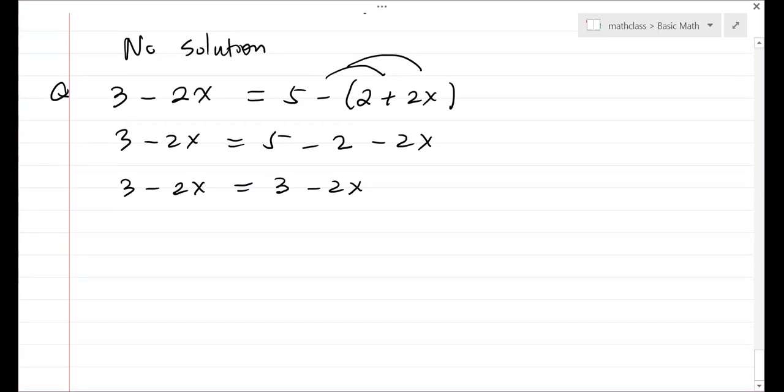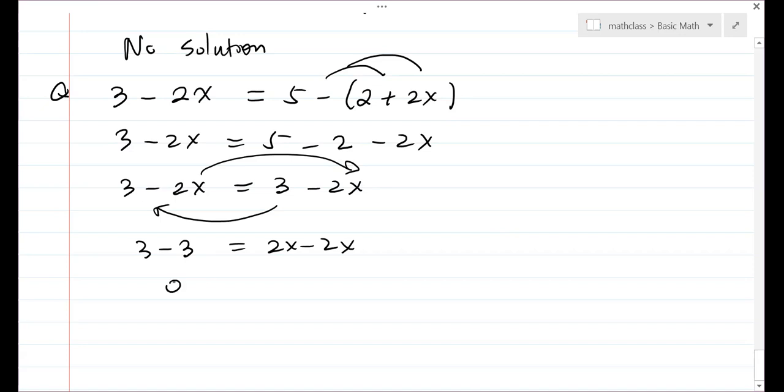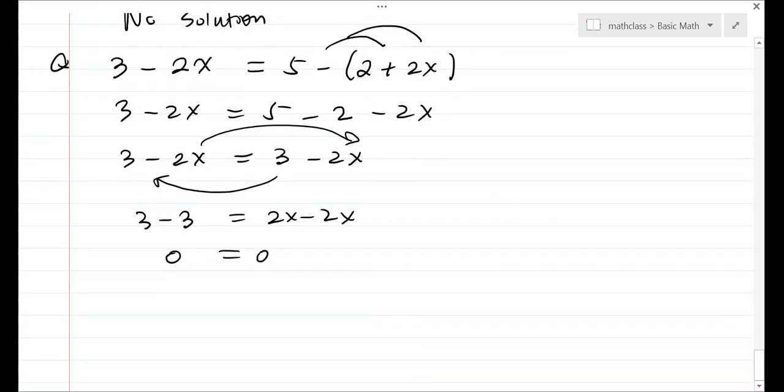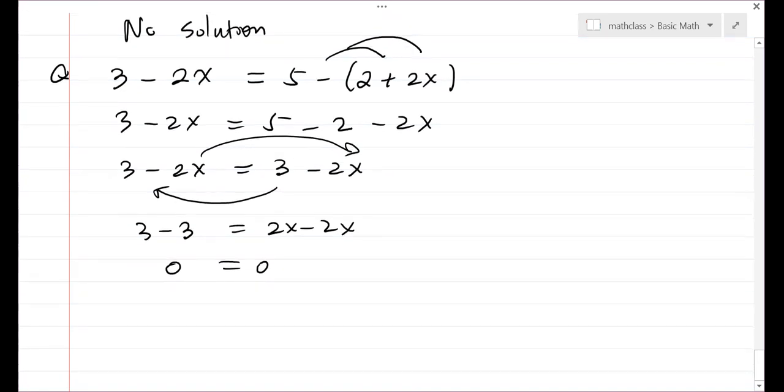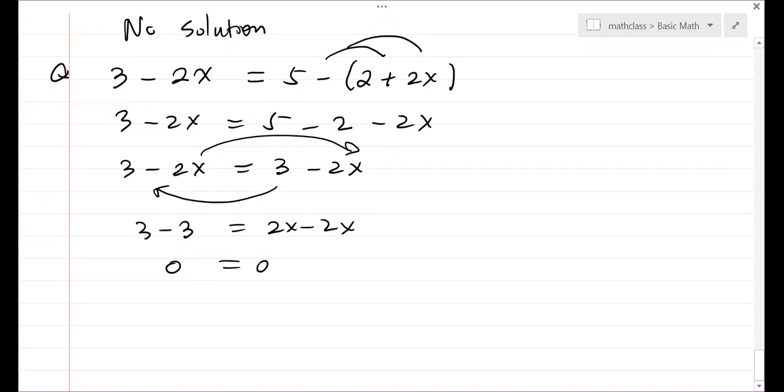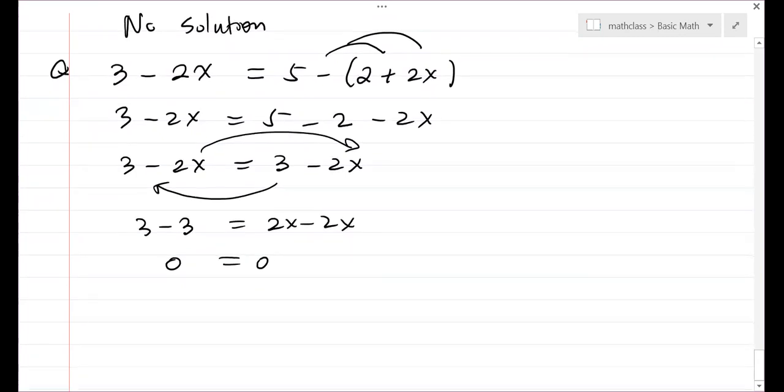Now you can simplify. You can say, I'm going to move 3 to here, move that to there. So I get 3 minus 3, and 2x minus 2x, then I get 0 equals 0. No contradiction, right? So that means no matter which value you assign to x, both sides must be equal.